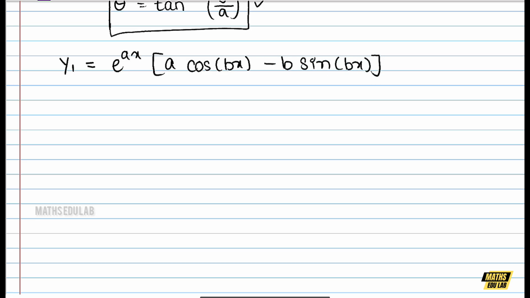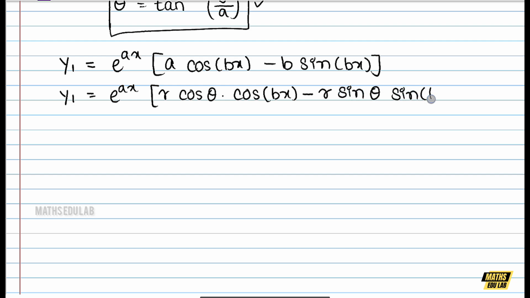In that equation, when I substitute the values, I get y1 is equal to e to the power of ax, and the a value is r cos theta, into cos bx, minus the b value, which is nothing but r sine theta, then sine bx.